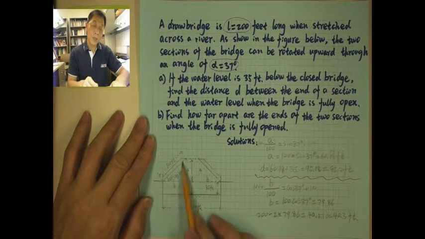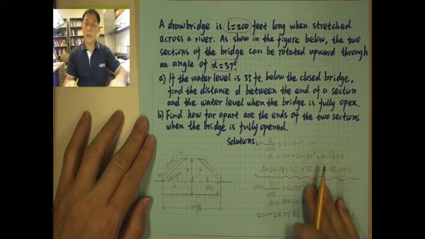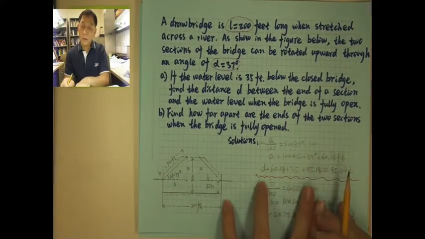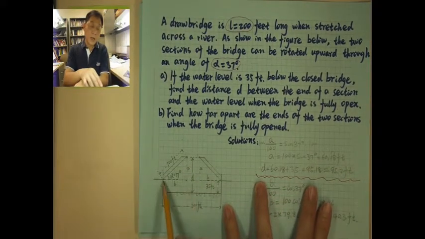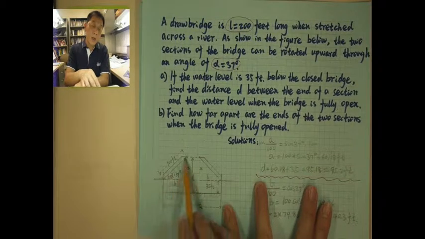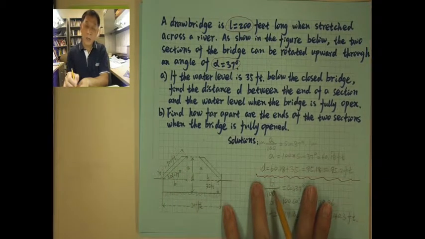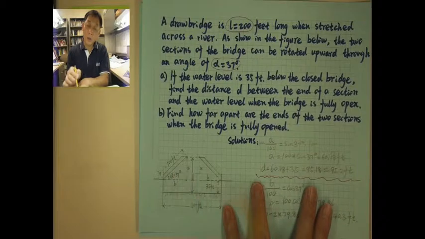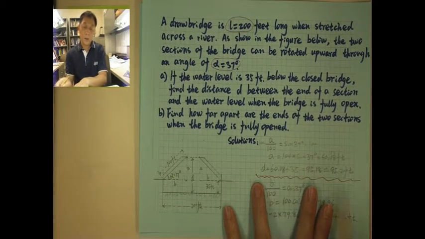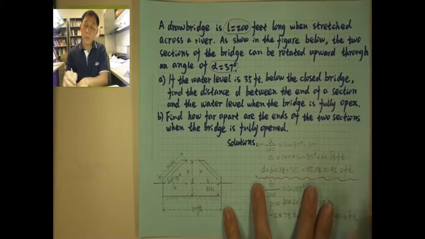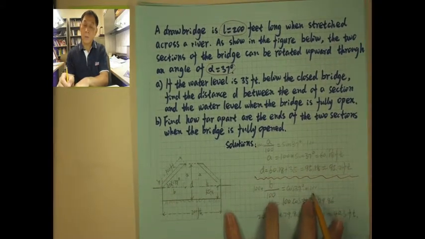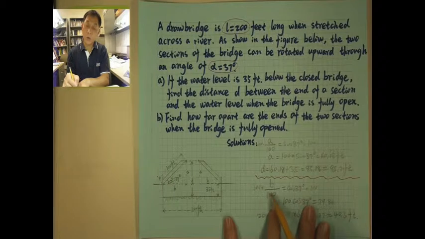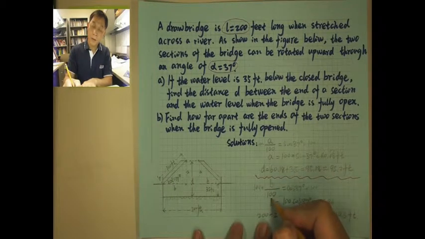Again, B over 100 feet is cosine. Adjacent side over hypotenuse is cosine. B over 100 is cosine 37 degrees. And then both sides multiplied by 100. You may cancel this 100. So left hand side has B left over.